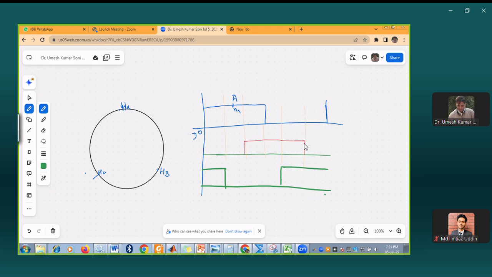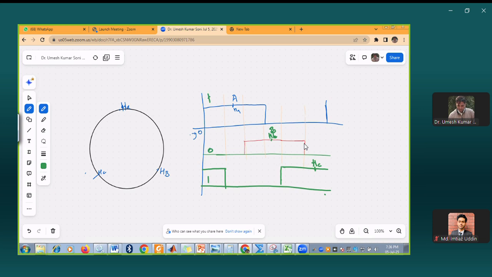Here this is Hall sensor B. This is the center of Hall sensor C and AC. This is phase B center. Okay, so here we see 1, 0 and 1.